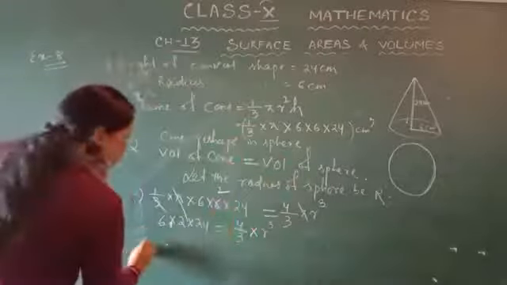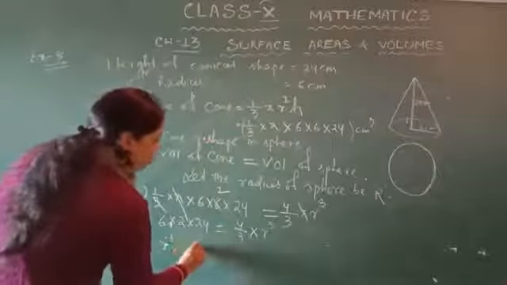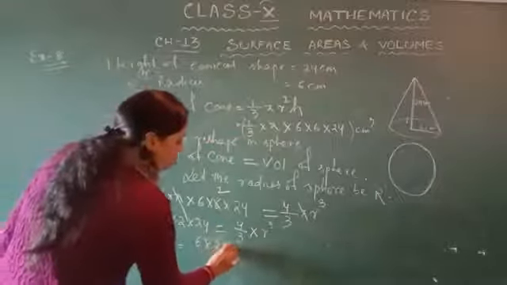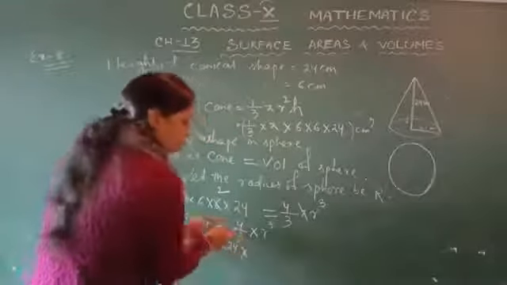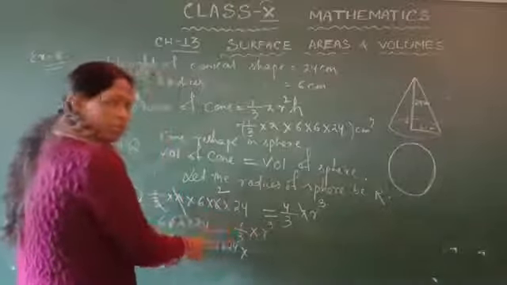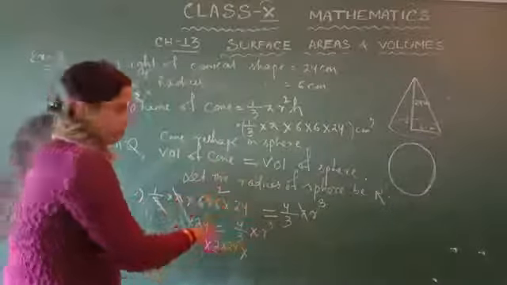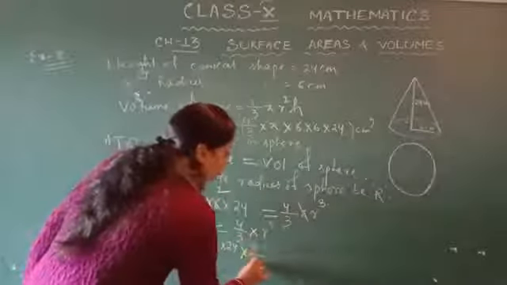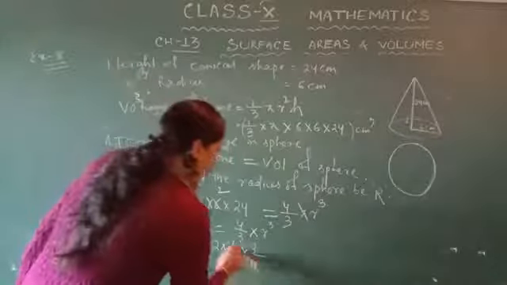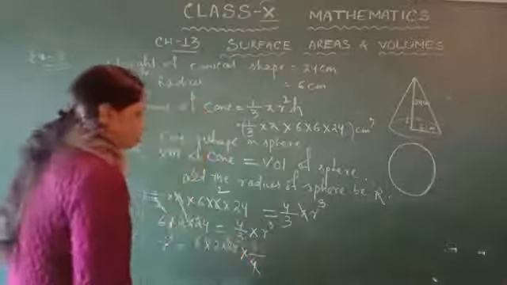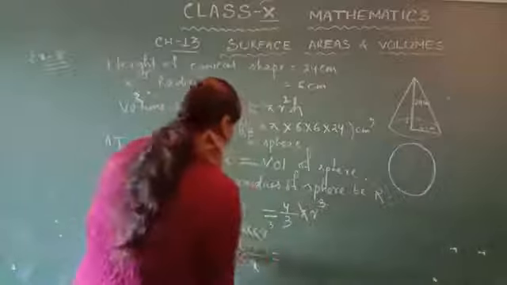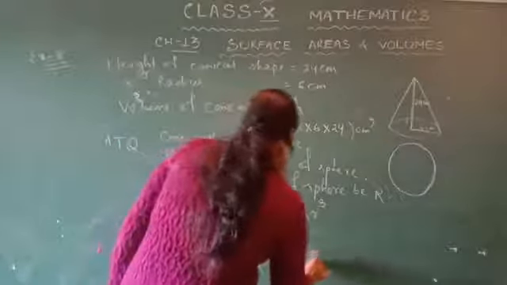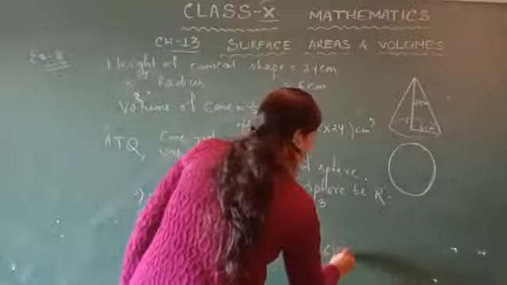So this implies r cube is equal to 6 into 2 into 24, and the 4 upon 3 comes to the other side to divide, so it becomes the reciprocal, that is 3 upon 4. So 4 into 6, okay, that is equal to 6 into 2 into 6 into 3.